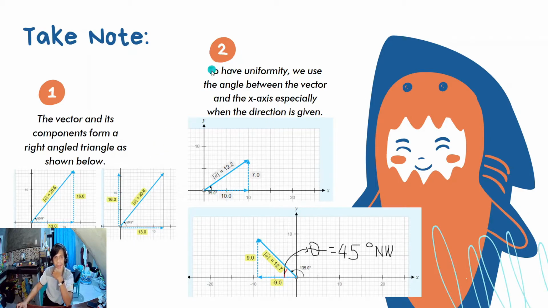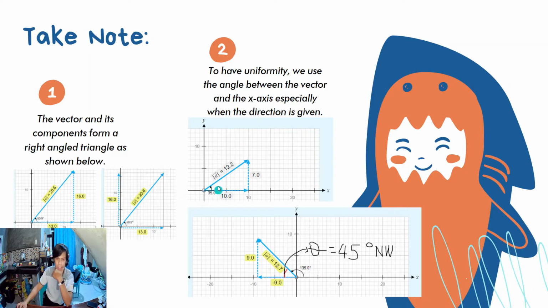Okay, next, to have uniformity, we use the angle between the vector and the x-axis, especially when the direction is given. For example, on this picture, vector A has a magnitude of 12.2 and the angle is 35 degrees.